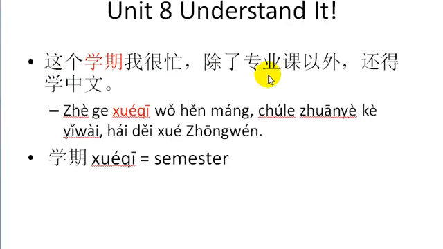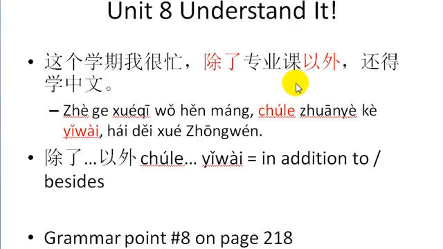除了专业课以外还得学中文. What we have here is a sentence pattern where what is constant is the 除了 and 以外. You see down here we have 除了, then ellipses, and then 以外. The meaning of this is in addition to, or besides.